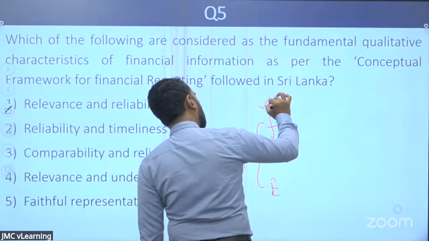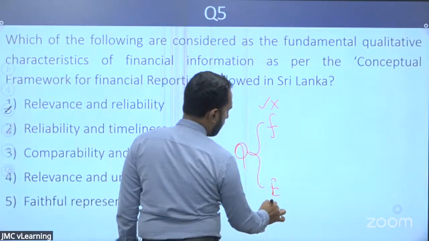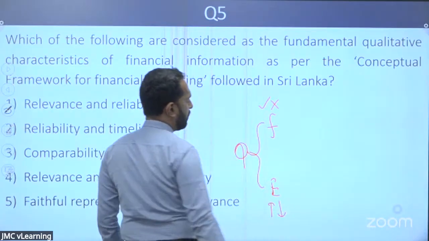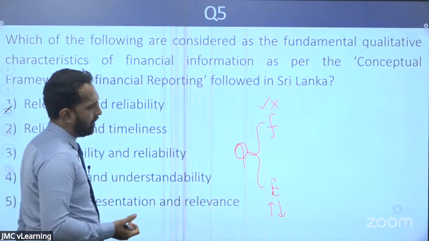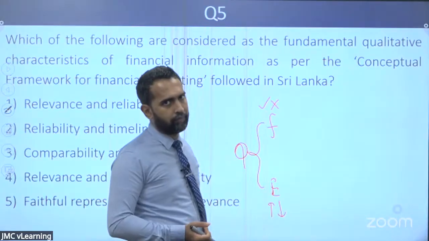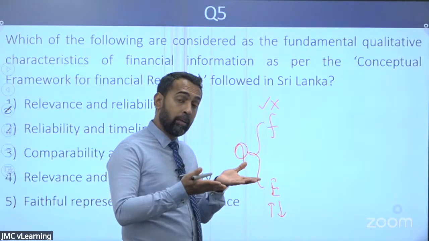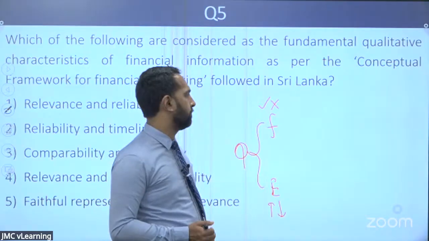Fundamental will decide whether the information is quality or not. Enhancing will decide whether to increase the quality or to have a low quality. In order to be quality information, you need to have the fundamental QC. In the presence of enhancing, the quality will increase. In the absence, it will decrease.